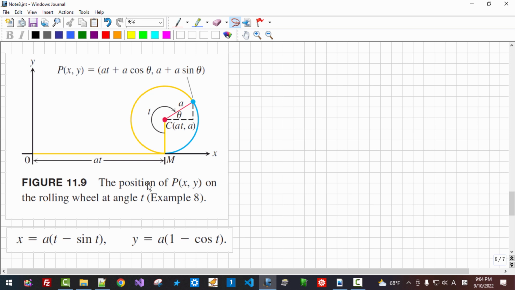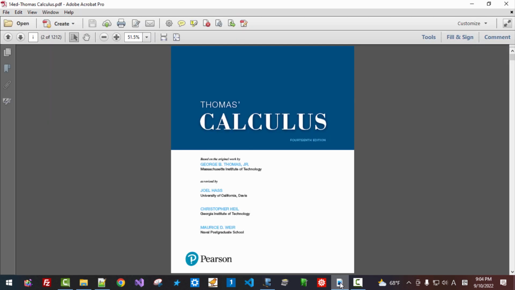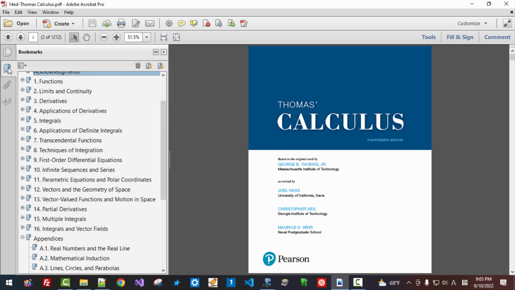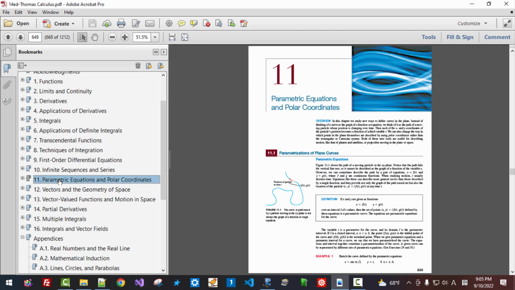Rolling wheel. This is a wheel. It is rolling. T represents time. This example comes from Thomas' Calculus, 14th edition, chapter 11, Parametric Equations and Polar Coordinates.